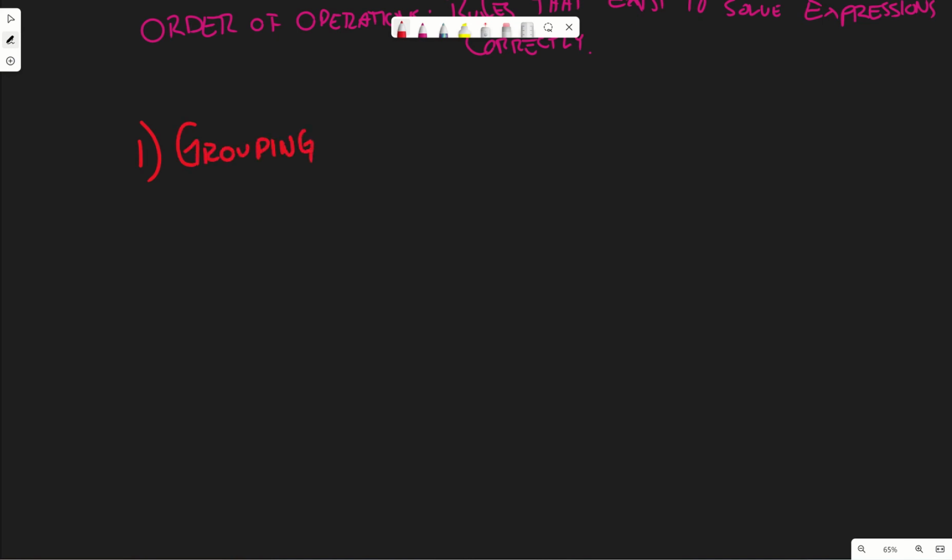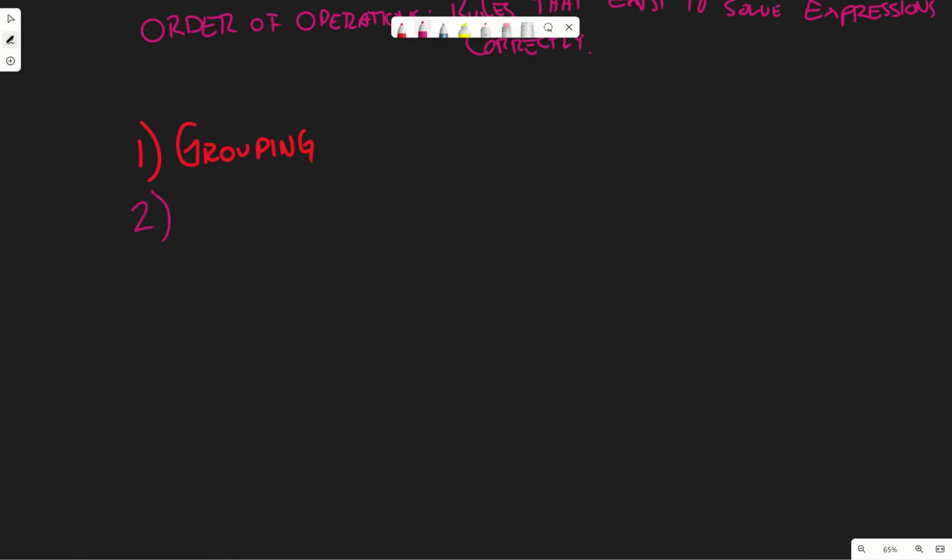The first thing we want to do is solve anything within grouping symbols. Grouping symbols can be parentheses, square roots, absolute value, anything that's grouping some kind of numbers together. We want to solve that first.